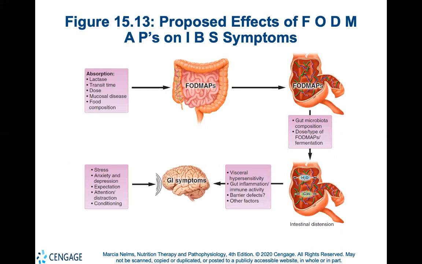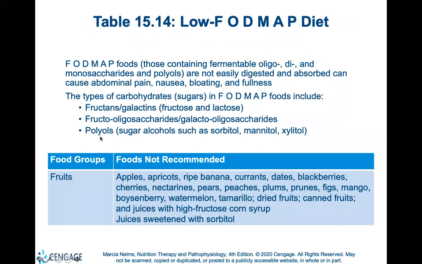This is proposed effects of FODMAPs on IBS symptoms. So the next few slides will talk about table 15.14, a low FODMAP diet, telling you which foods are recommended or not recommended. So please review.